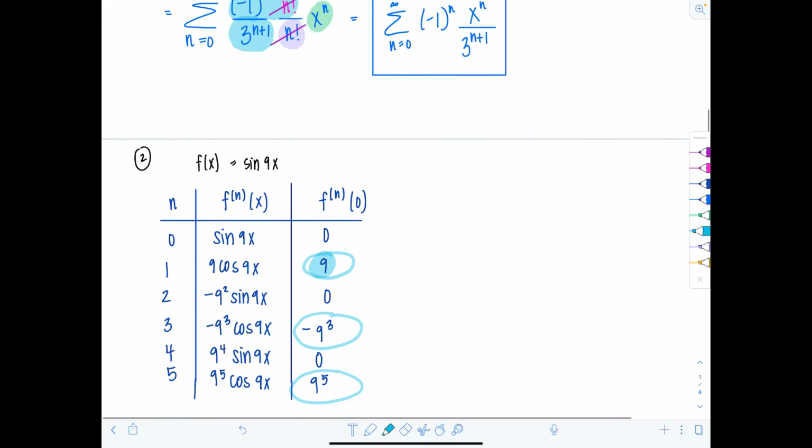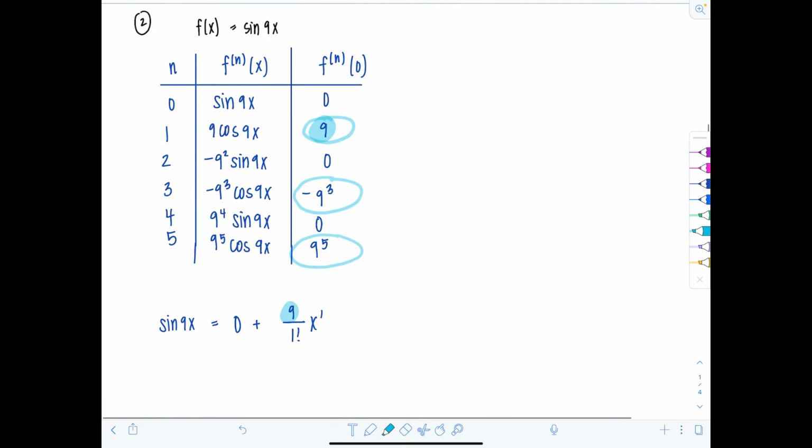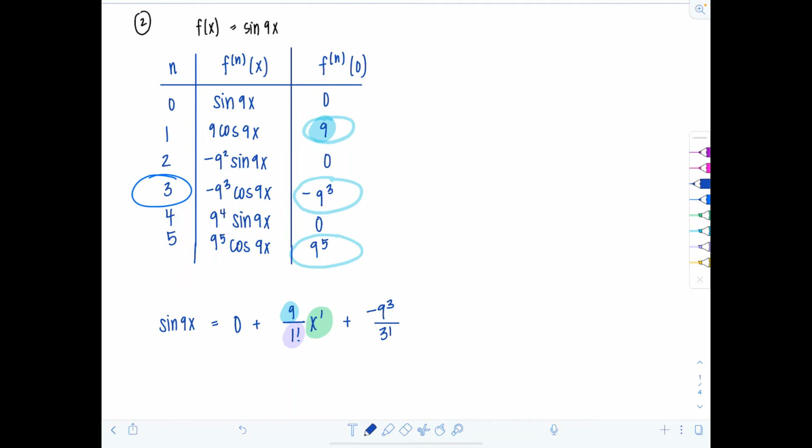And then, how did I color code? Oh, purple and green. Okay. So this is the n factorial in purple and x to the n in green. Plus, so I'm just going to skip every other one. Then we have negative 9 cubed over, in this case, that matches up with n equaling 3, right? So you're going to have 3 factorial x cubed.